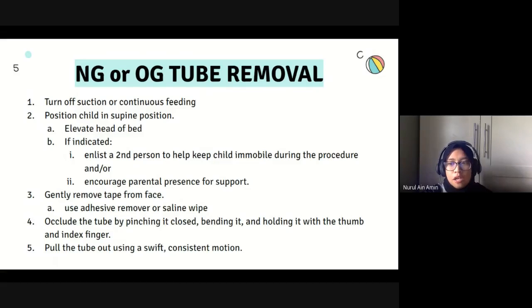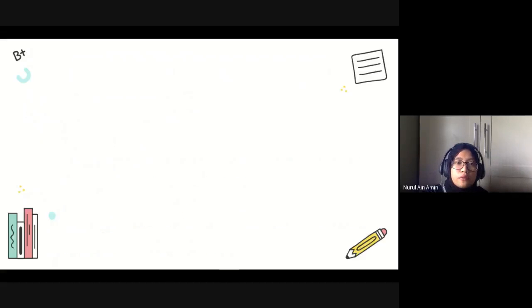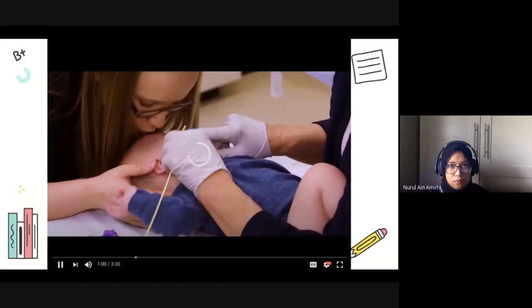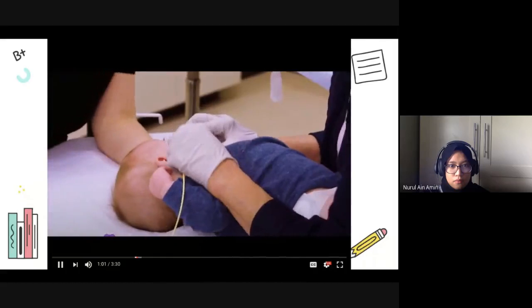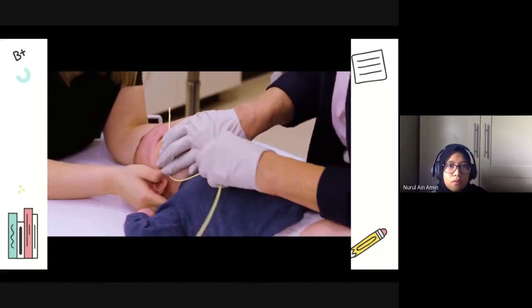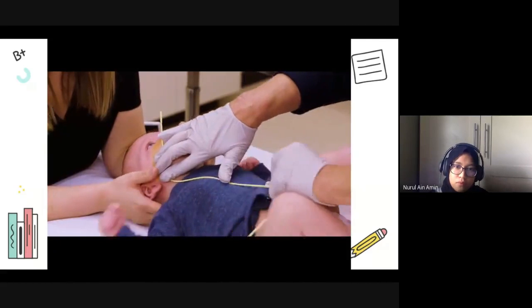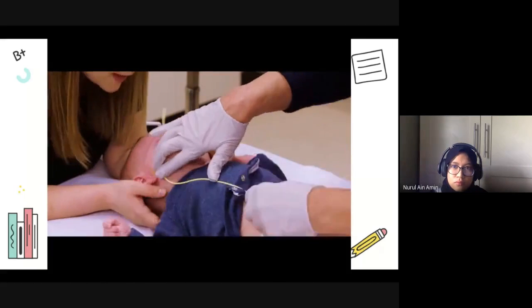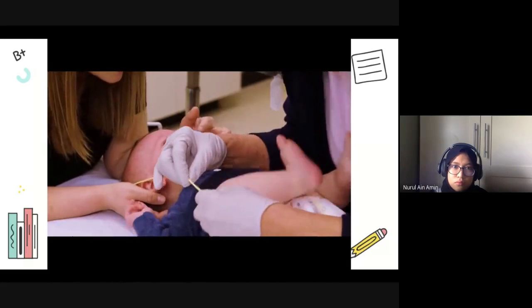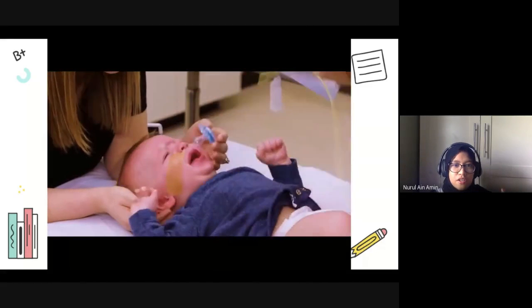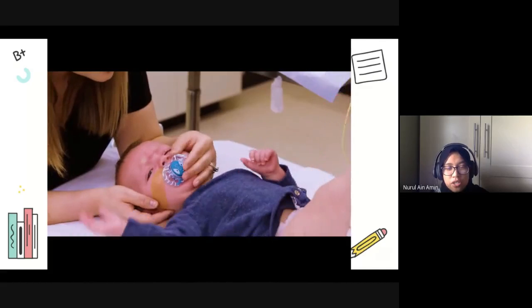on a dummy, now we can see how it's done in real life. Mom, can you hold his hand to the breastbone? There we go. As you can see, they're giving the pacifier to the child.